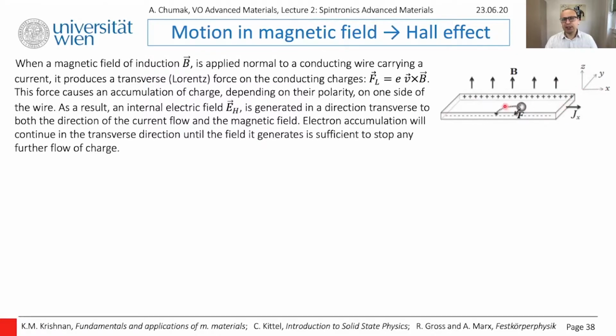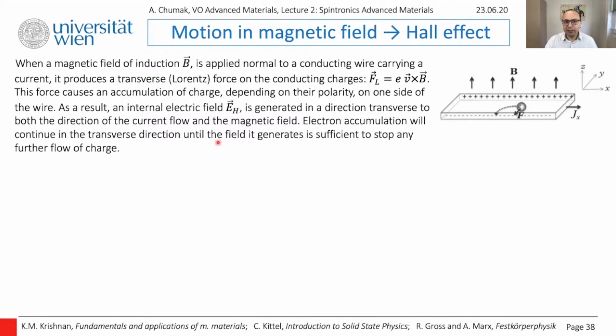What happens in this case? There will be a Lorentz force acting on the electrons, or on the holes if you're speaking about semiconductors, which acts perpendicular to the velocity of your electrons and perpendicular to the field. So in this case, it will bend electrons in this direction. If your sample is limited in space, so it's not infinitely wide, these electrons will start to accumulate here in the transverse direction.